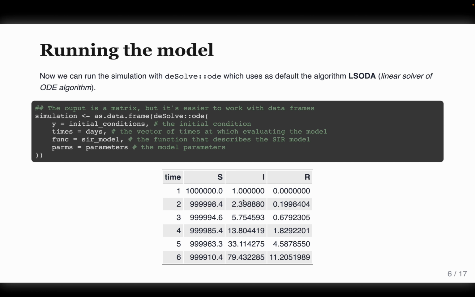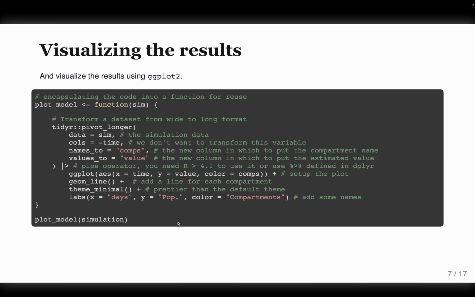So value for S, value for I, value for R, then again value for S, repeated. But we want to retain the time variable as it is. Therefore, we tell the function to exclude the time variable from this transformation.